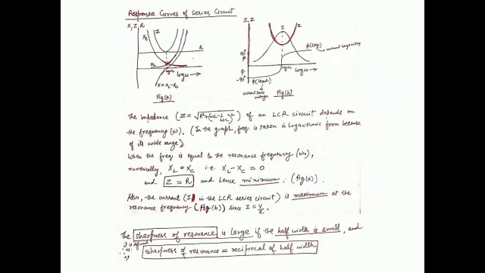Now, if the frequency of the applied AC voltage is varied, or if the AC supply contains a number of frequency components like a radio or television signal, then a series LCR circuit across the supply will give a maximum response, that is, it is going to pass a maximum current and have a maximum potential difference across its inductance for that component of frequency whose value is equal to the resonant frequency value, that is f is equal to 1 by 2 pi under root LC.